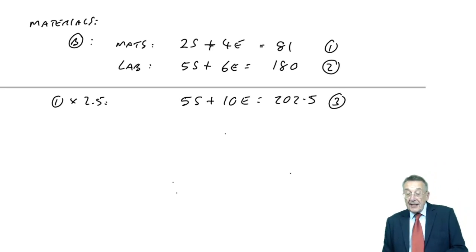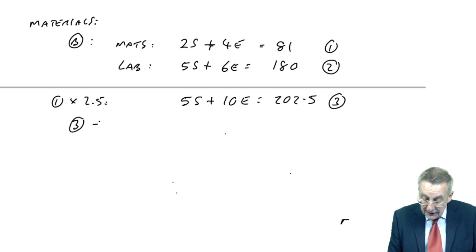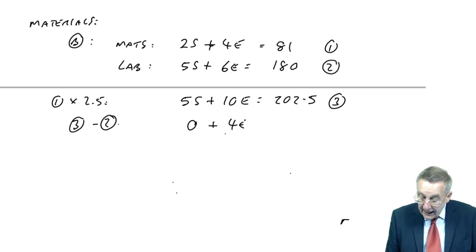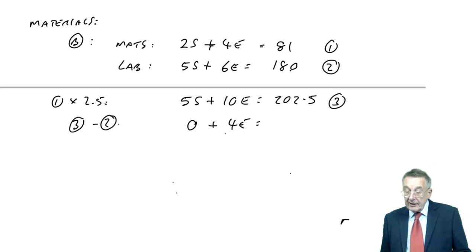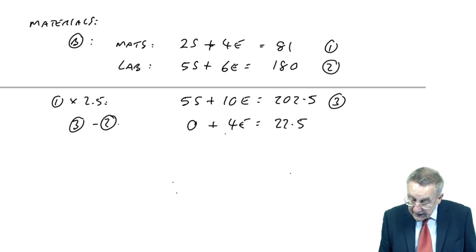I'll subtract the second equation from the third. So 5s minus 5s is 0, 10 minus 6 is 4e, 202.5 minus 180 is 22.5.